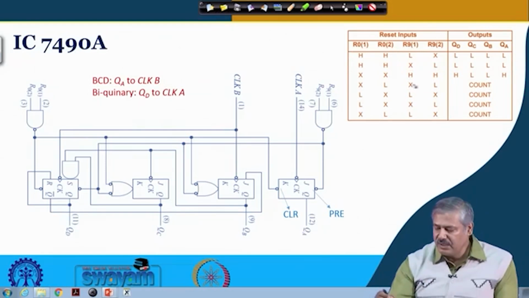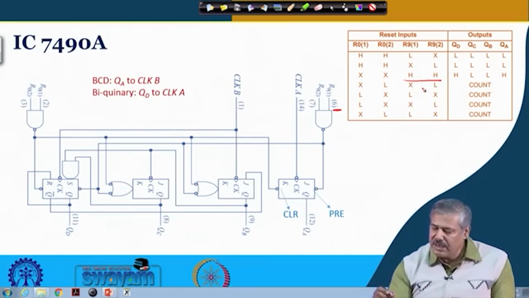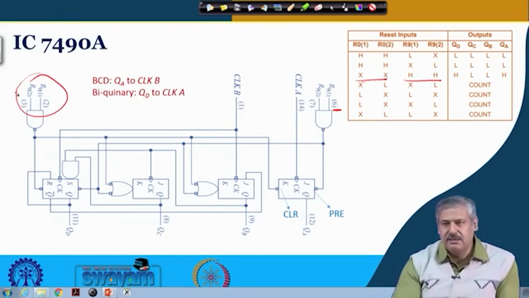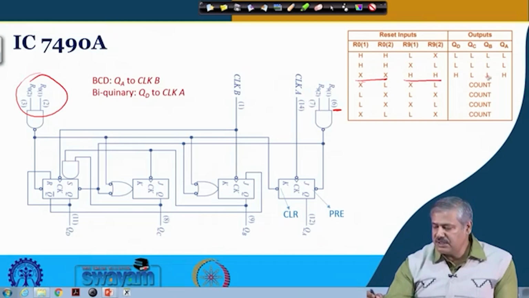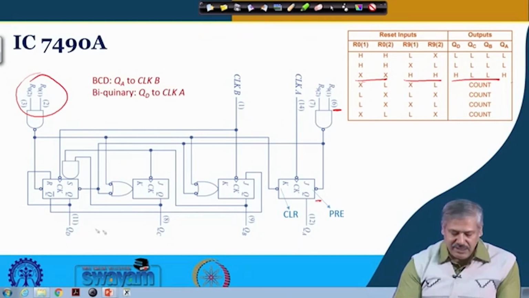And when these two are high, irrespective of what is happening at these places, these 4 flip flops will be loaded with 9, that is high, low, low, high, QD to QA, using preset and clear.